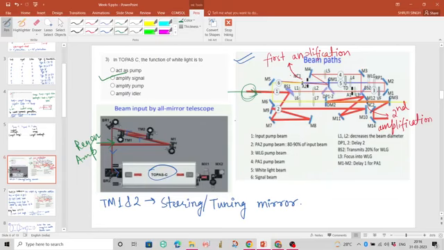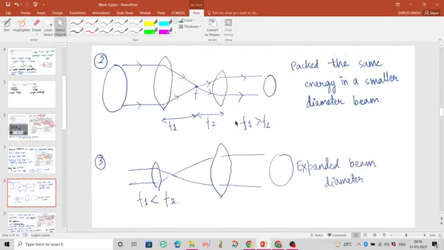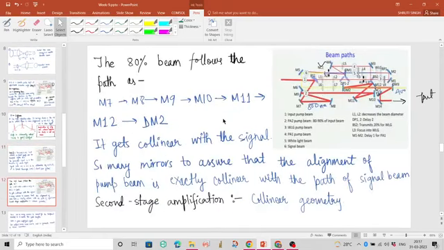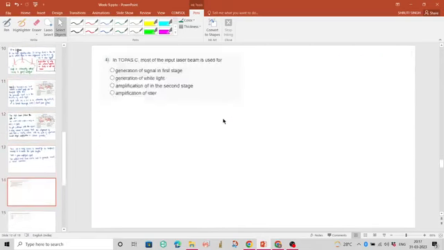Okay, so this was the instrumentation part, the TOPAS. Let's see the next question, which is also related to the amplification. In TOPAS-C, most of the input laser beam is used for generation of signal in the first stage, generation of white light, amplification in the second stage, or amplification of idler.